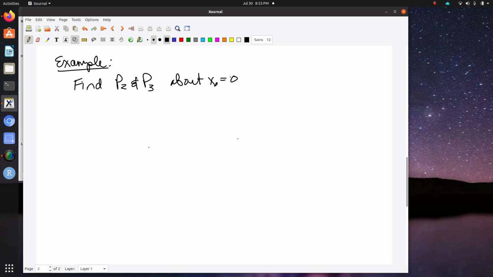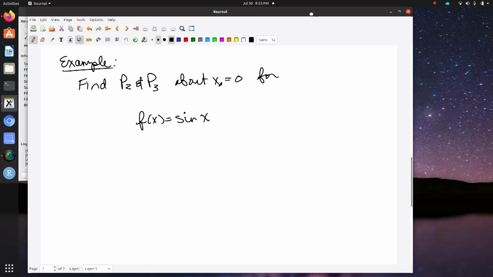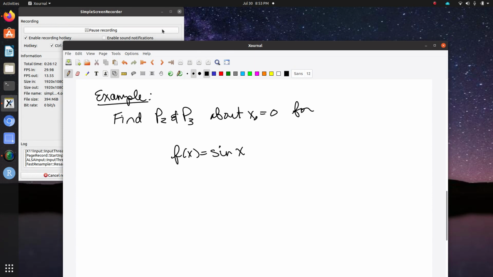So it's just really Maclaurin for f of x equals sine of x. Okay, so we want f of x to be sine of x. And how do we do that? I'm going to pause this for a second so that I can write a whole bunch of stuff.